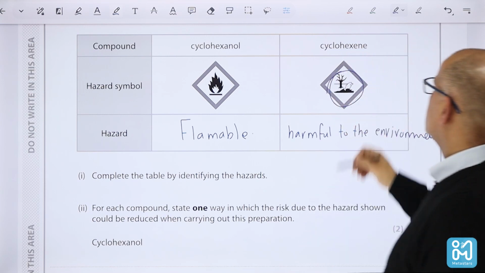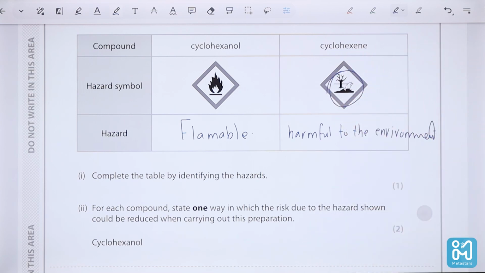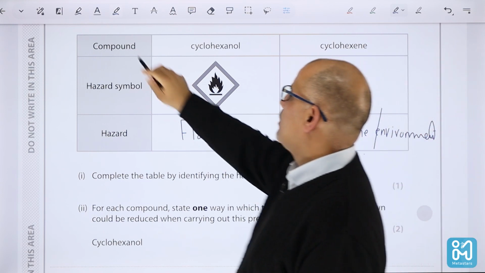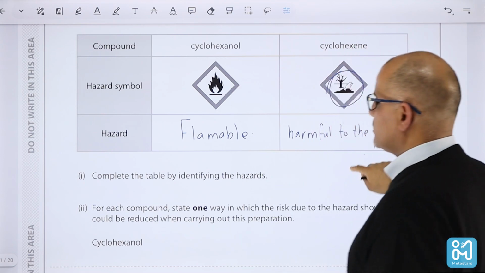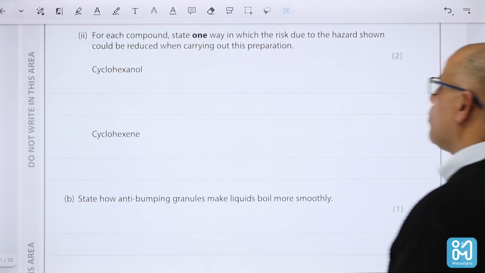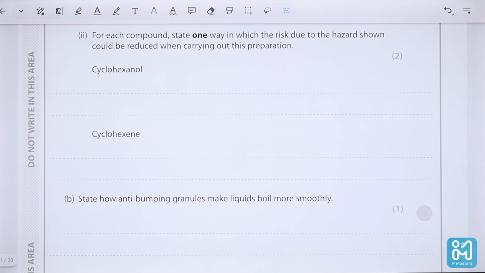Since we have fish, seas, trees, and so on, all these will be affected by a hazardous substance to the environment.